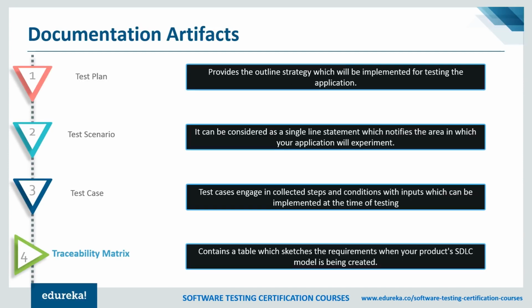So this is how you put a traceability matrix. You will have your requirement traceability where you have n number of test cases, and here you have business requirements. So the matrix will be marked if the result is passed on both ends. So this is all about the documentation artifacts and the various types of artifacts that are involved in software documentation.